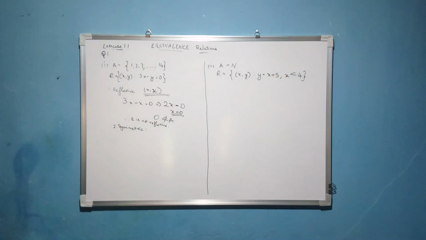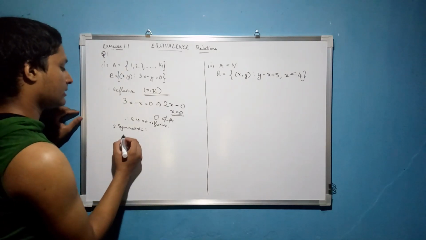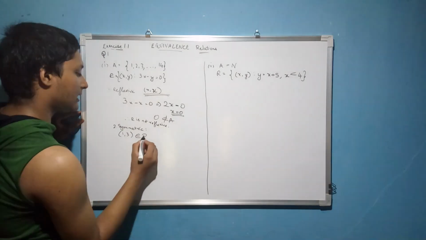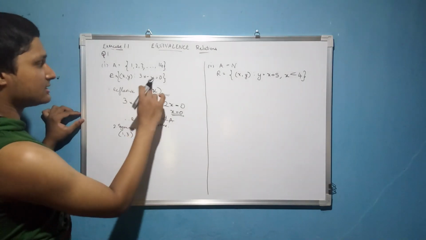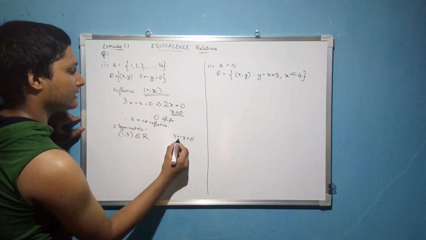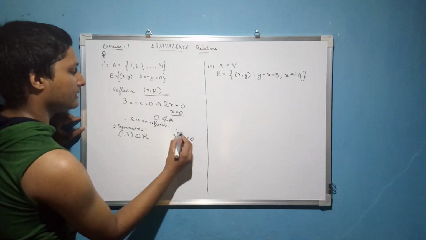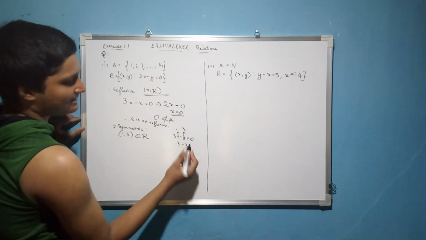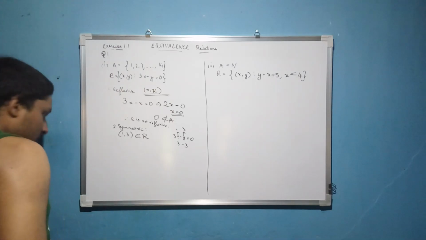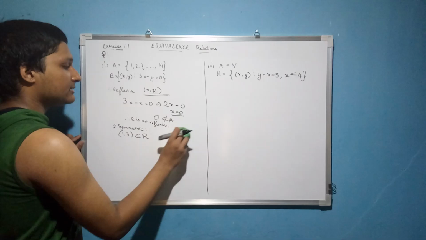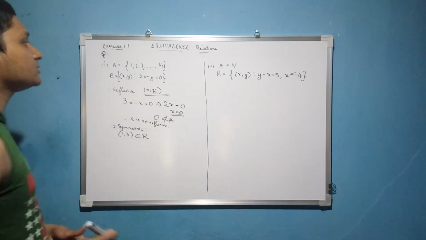Let me take the numbers 1 and 3. (1, 3) belongs to R, which I have just checked. Based on 3x minus y is equal to 0, I have taken x as 1 and y as 3. This becomes 3 minus 3, which is equal to 0.